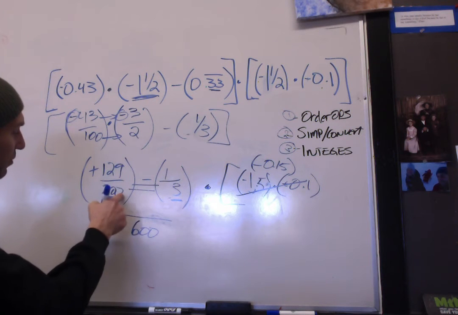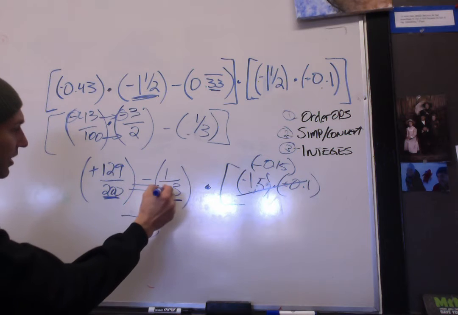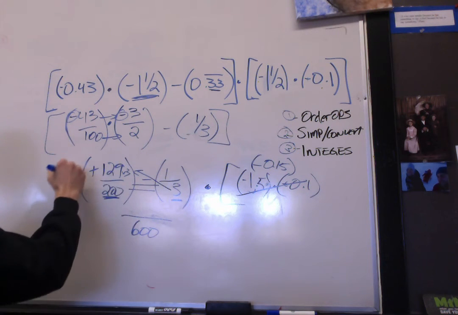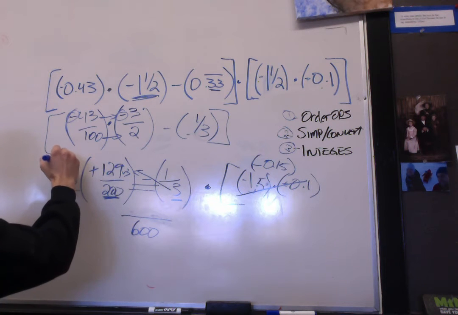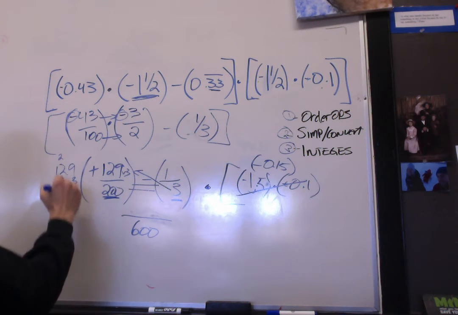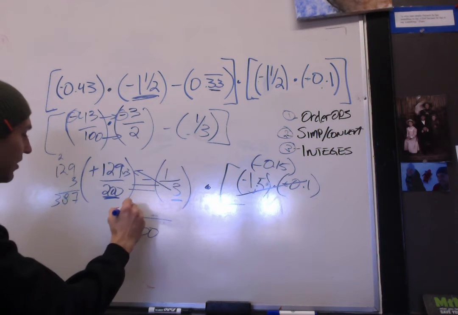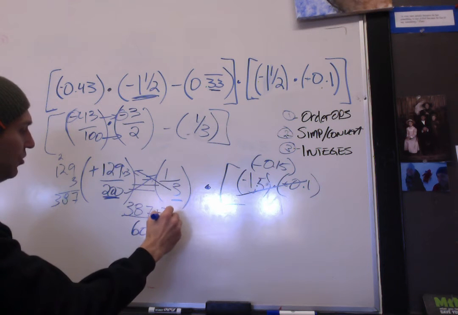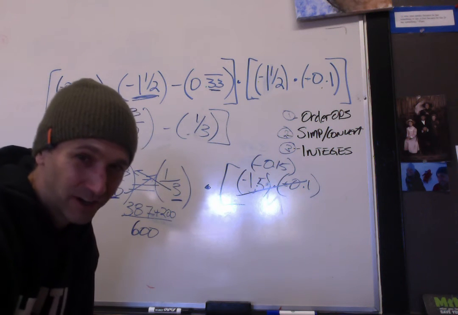I'm going to multiply this one by 3, this one by 200. Now I'm going to multiply 129 by 3. 3 times that is 27. Is 6, 7, 8. Is 387. 200 times 3 is 600. That's not so hard, is it?